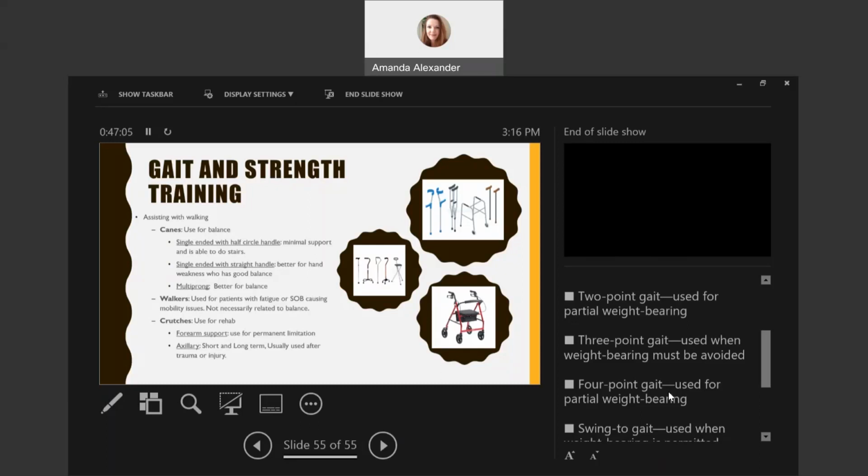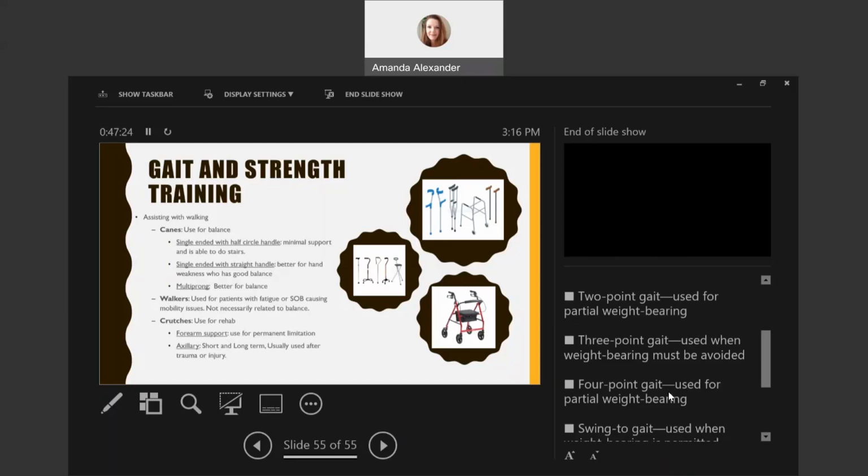So first you're going to put the crutches forward, then the affected extremity, and then followed by the unaffected extremity.